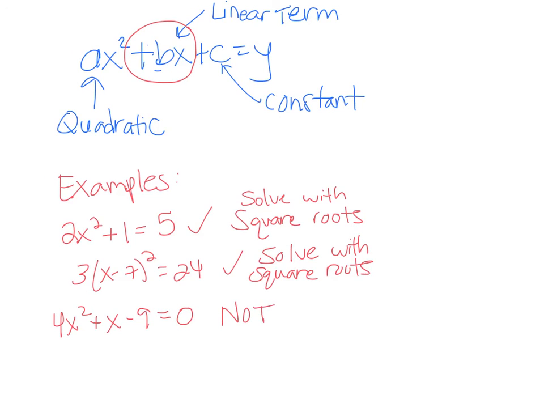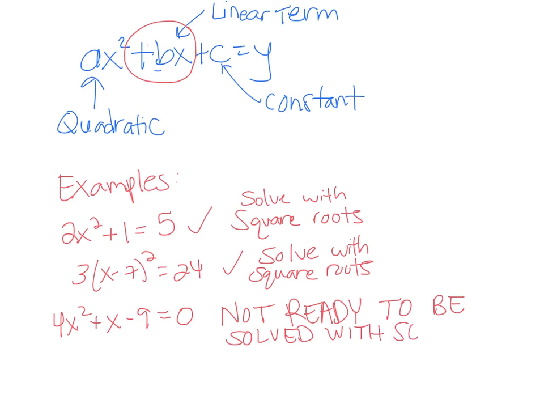It is not ready to be solved with square roots. You would have to do a bunch of algebra in order to prepare it. And it's because of this term right here.